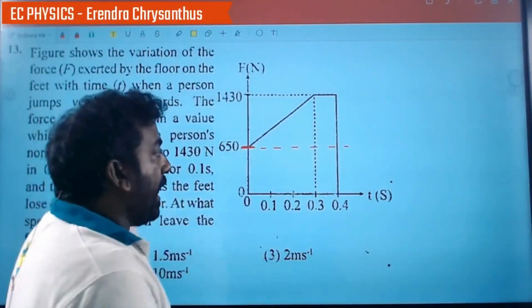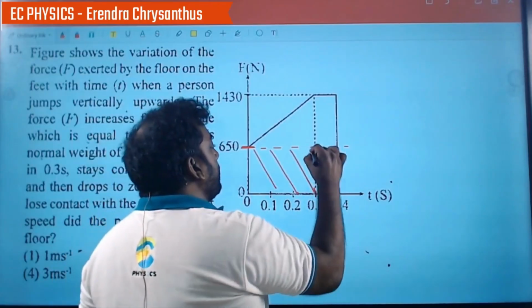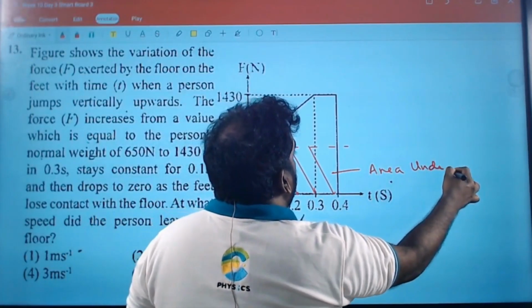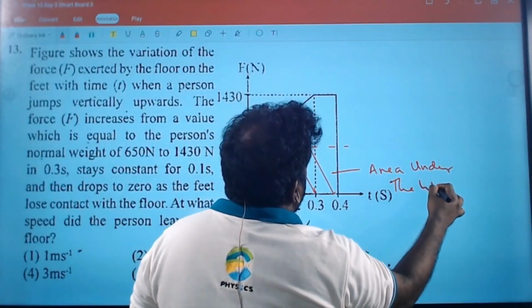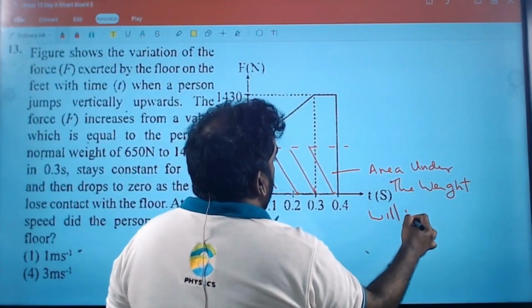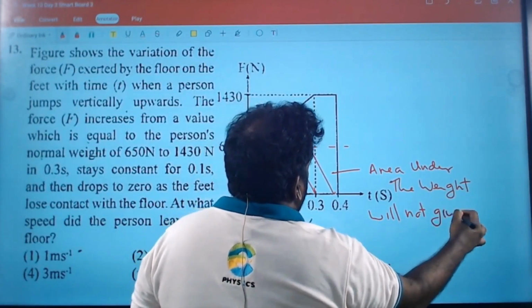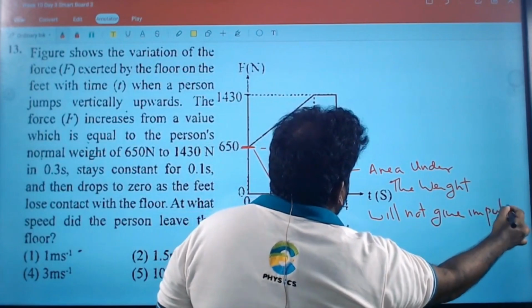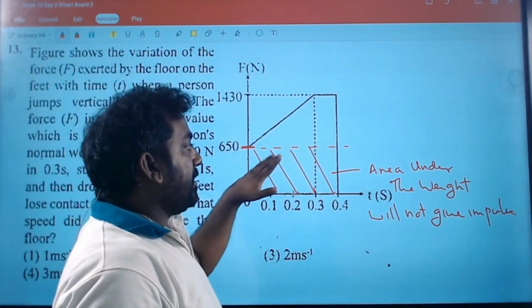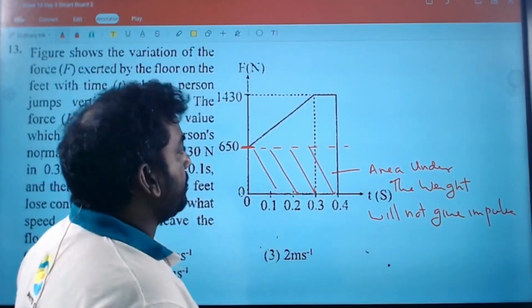So area under the weight has no meaning. Area under the weight will not give impulse. If you are just standing and waiting with time, area under the weight has no meaning.